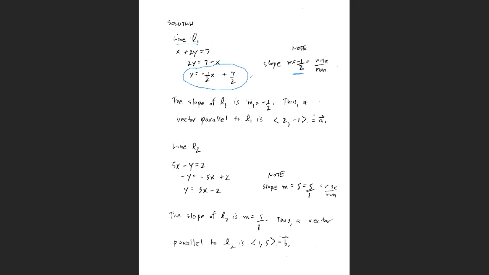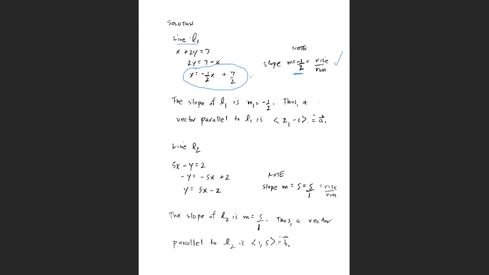Well, remember, how is the slope defined? A slope is defined as rise over run. So for every 2 units you move on the line to the right, the line goes down 1 unit.